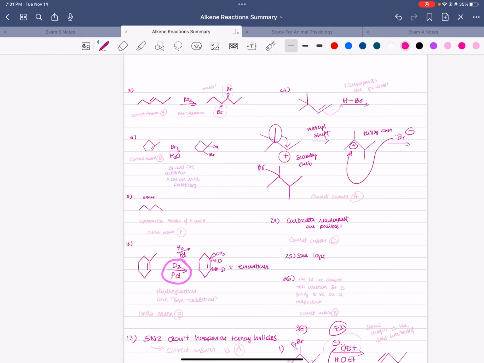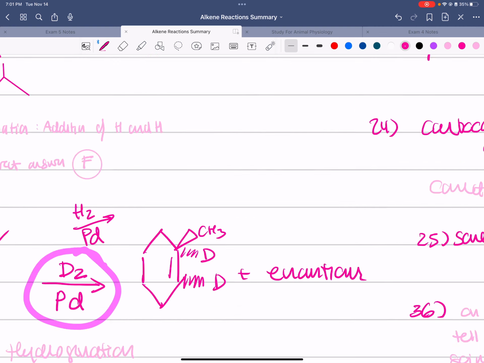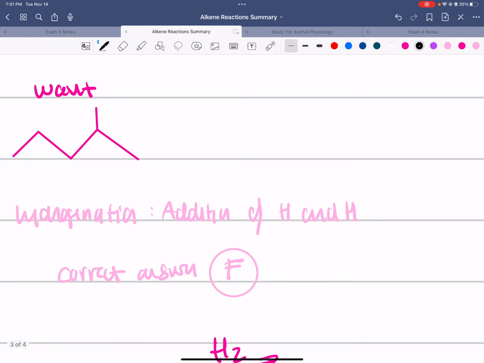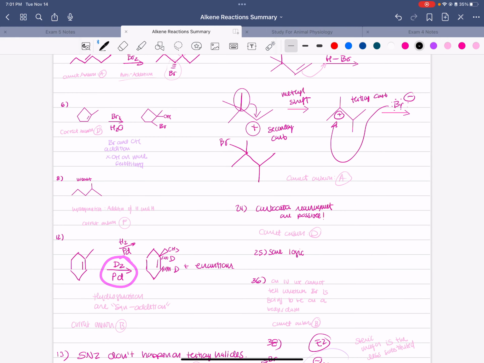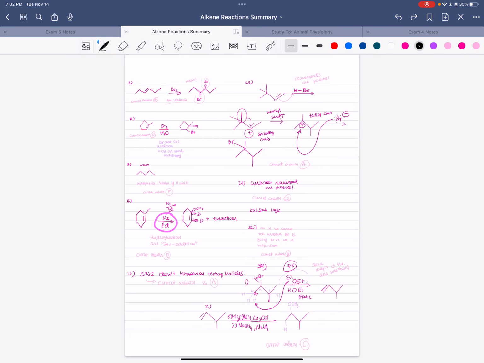I wanted to address that because I feel like not a lot of people knew about it. And when you're doing a problem and they're asking you for something like a product, take the time and draw out your molecule. I think just drawing out your molecule makes a whole difference and will be pretty helpful.